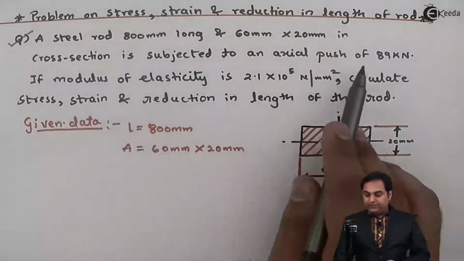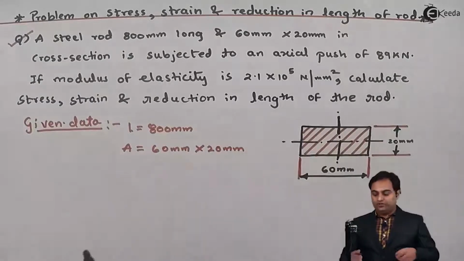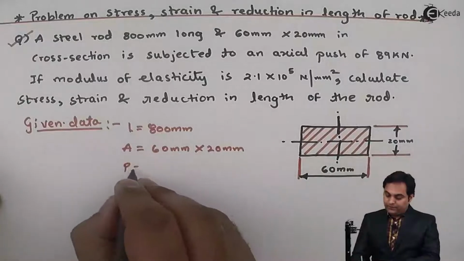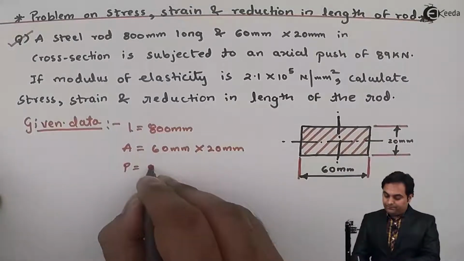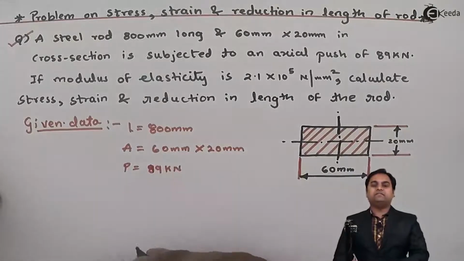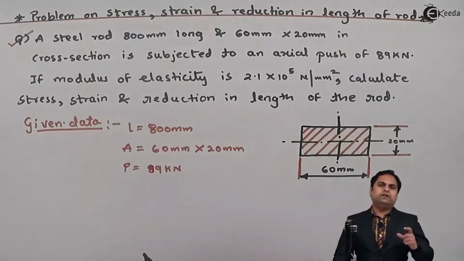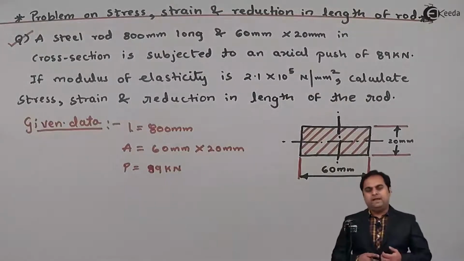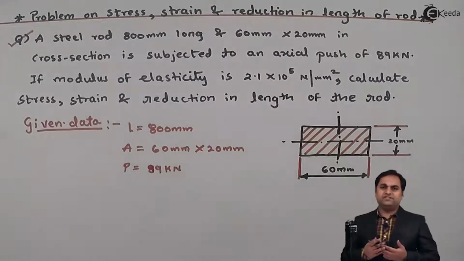So this is the rectangle cross section of the bar which is given, and it is 800 mm long. It is subjected to an axial push. Now the load is of push type, whose value is 89 kilonewton. Push type of load, it can be taken as negative because it is compressive, it will produce compressive stress, and mostly we take compressive stress as negative.